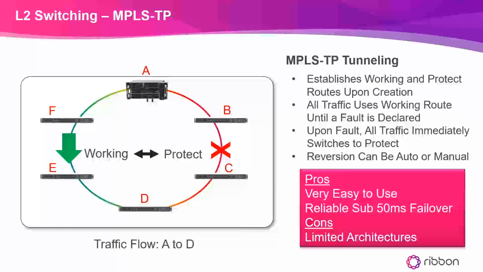You can put a hold timer on it, and then the system will continue to test the old working but faulty path. And if it comes back up again and meets your requirements, then you can have the service revert back automatically to working. And this happens again sub 50 milliseconds.